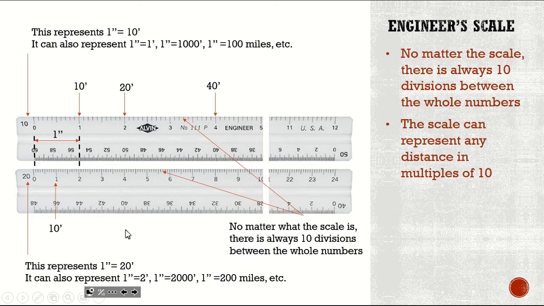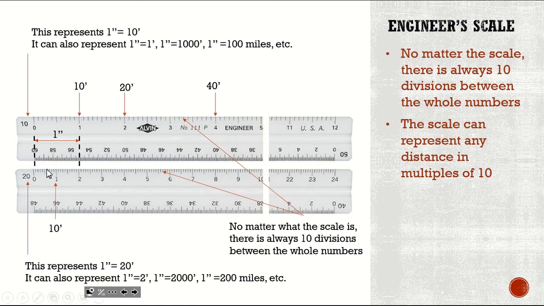All right. So we can actually make this 1 inch equals 100, 1 inch equals 1 foot, 1 inch equals 1,000 feet, 1 inch equals 100 miles. So literally what we're doing is we can remove this 0 or add zeros. So we're moving a decimal place to the right, or to the left.